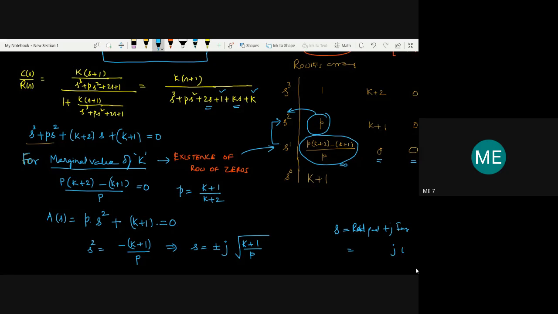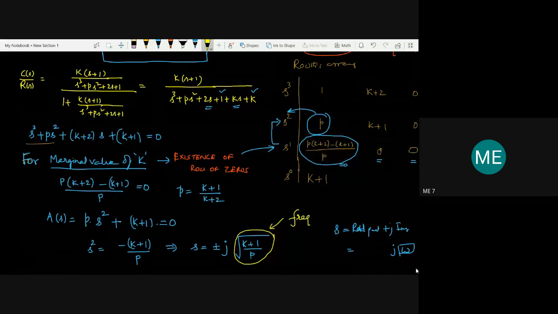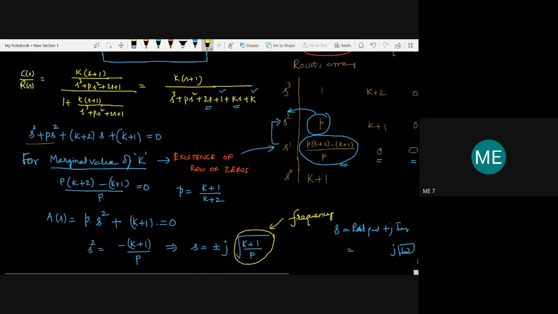The imaginary part always represents the frequency in the s domain, that is omega. So j omega, whatever value we have got here, plus j into this represents the frequency. So what is the frequency given in the problem?